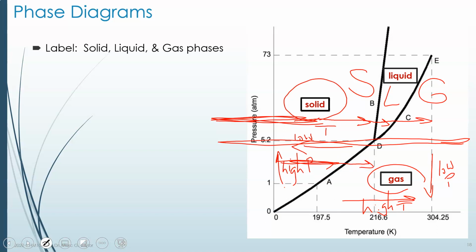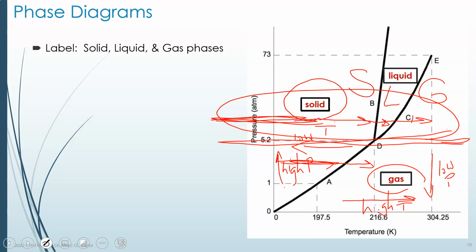Now, this is a phase diagram for a made-up substance, so every substance has a different shape to this phase diagram. But you can imagine water at 1 atmosphere pressure, normal pressure, goes through these three phases. It goes from solid to liquid to gas at normal pressure when we warm it up.